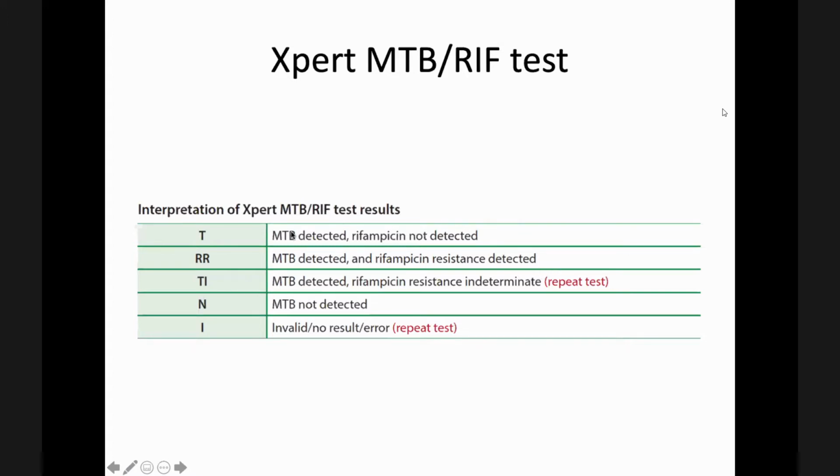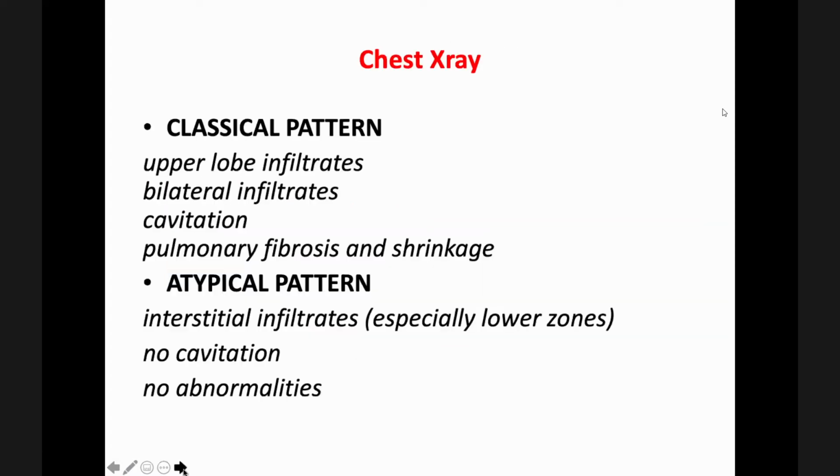TI means MTB is detected, whereas the rifampicin resistance is intermediate. In that case, you are going to repeat the test. N means MTB not detected, and I means invalid, no result, or error. In that case, you have to repeat the GeneXpert test. So this is for the Xpert MTB test.